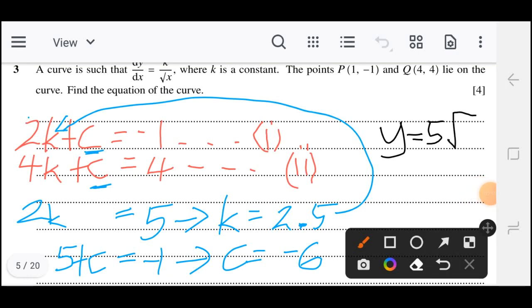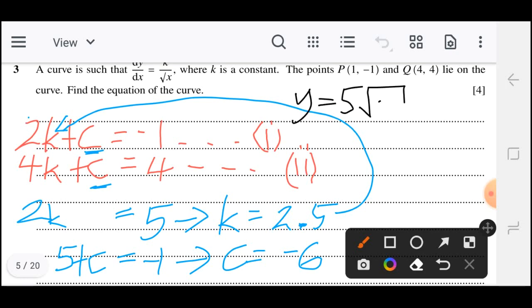Okay, 5 times the square root of x, then plus c, of which the plus c is a minus 6. Let me rewrite that where it's more clear. So y is equal to 5 times the square root of x minus 6. So that there is the equation of our line.